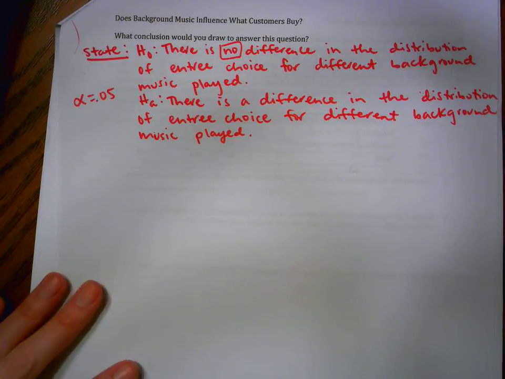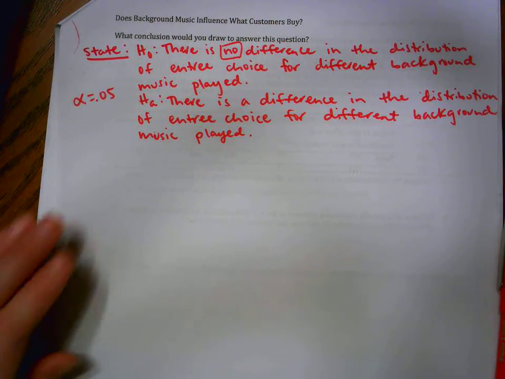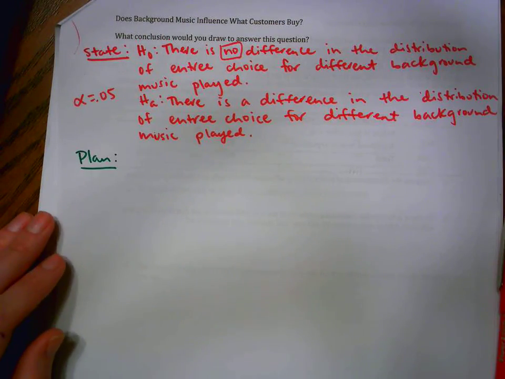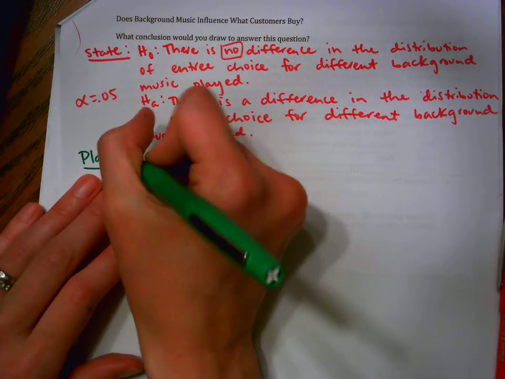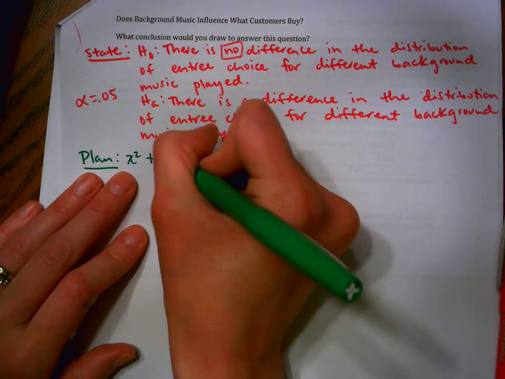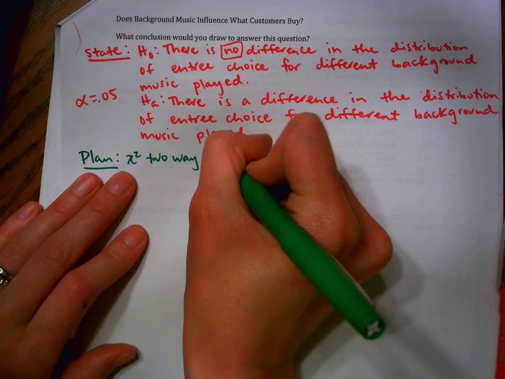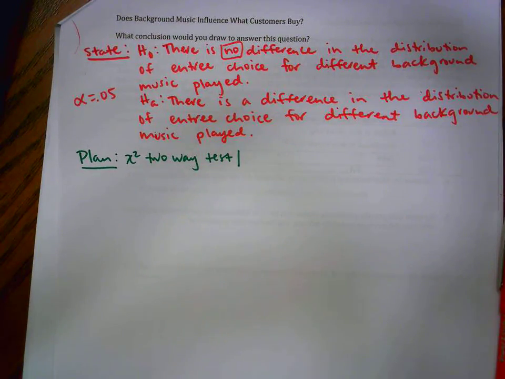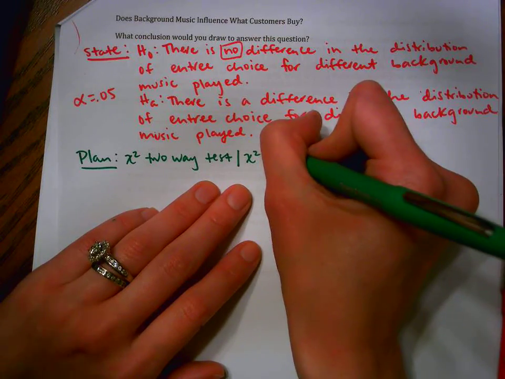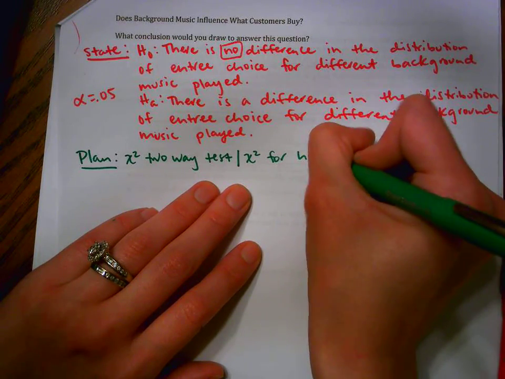Okay, so that's state. Now let's do plan. So I'm going to go and write down my name, which again, you could write down either one. Chi-squared two-way test. I'm going to write down both just to show you, but you do not have to write down both. Or you could write chi-square for homogeneity.